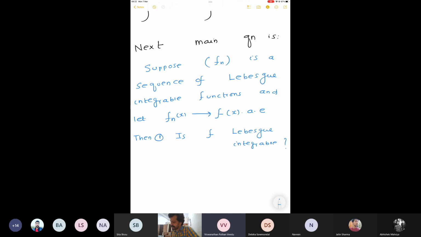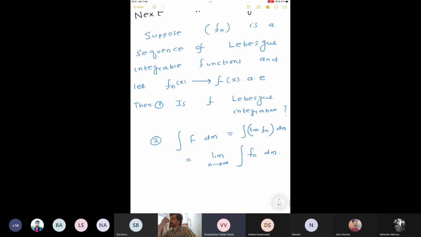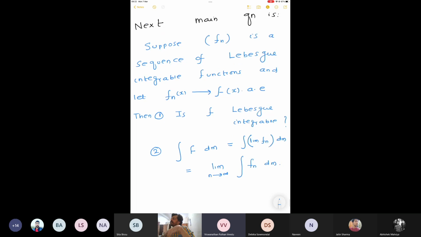And the second question is, suppose it is Lebesgue integrable. Now you can talk about the integral of f dm. Is it the same as the limit as n tends to infinity of the integral of f_n dm? Because f is the limit of f_n almost everywhere, and as far as the Lebesgue integral is concerned, whenever f equals g almost everywhere, the integral of f equals the integral of g.